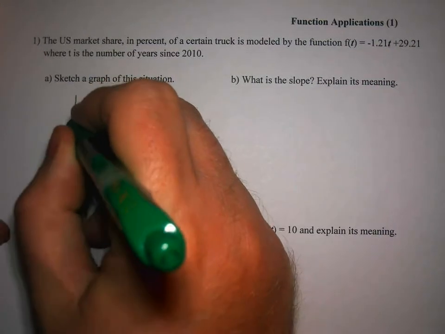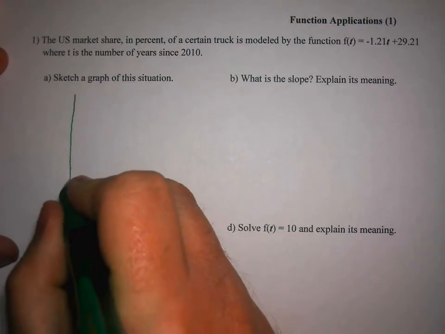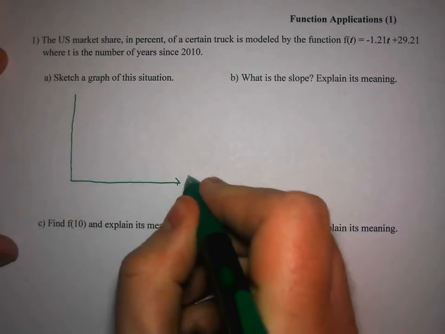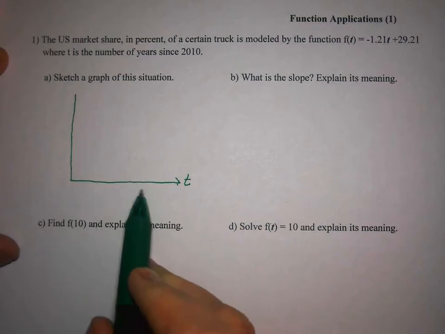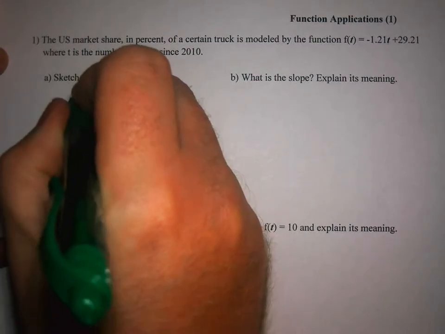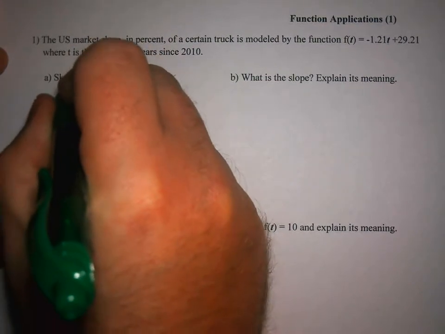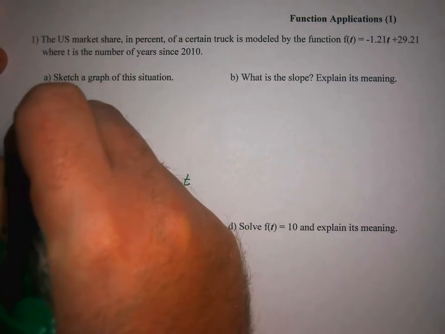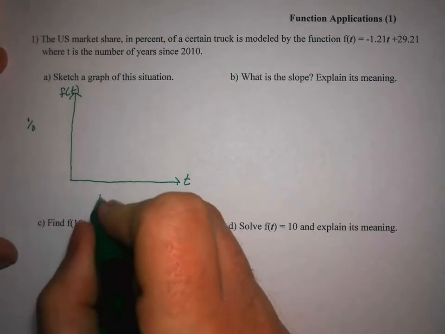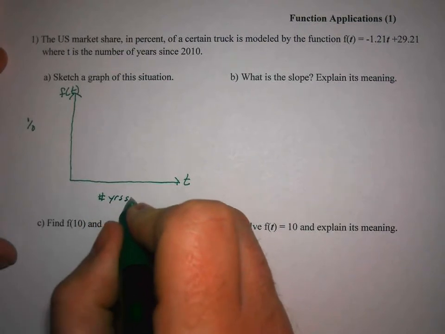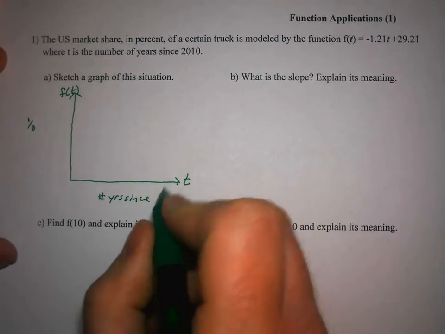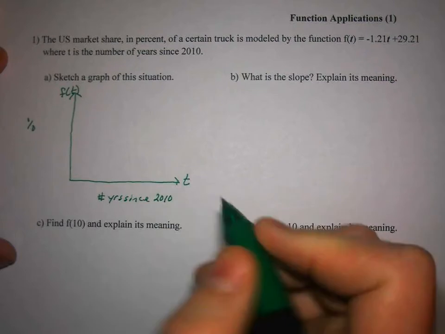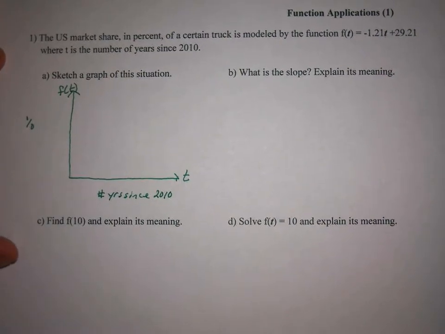So we only need positive years since 2010, that goes across the bottom, and only positive values for f of t. So we'll label the axes. And we don't need to get too creative here.